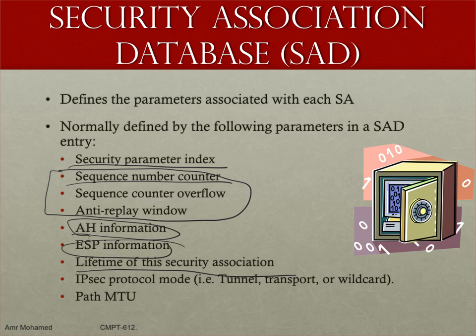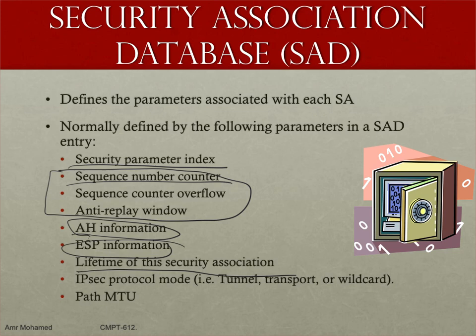Again, we come up with a master key. From this master key, I can initiate some session keys. These session keys are temporary. So that's why I need a lifetime for this security session. When this lifetime expires, I have to go back to IKE and re-establish another security association. Is that clear?